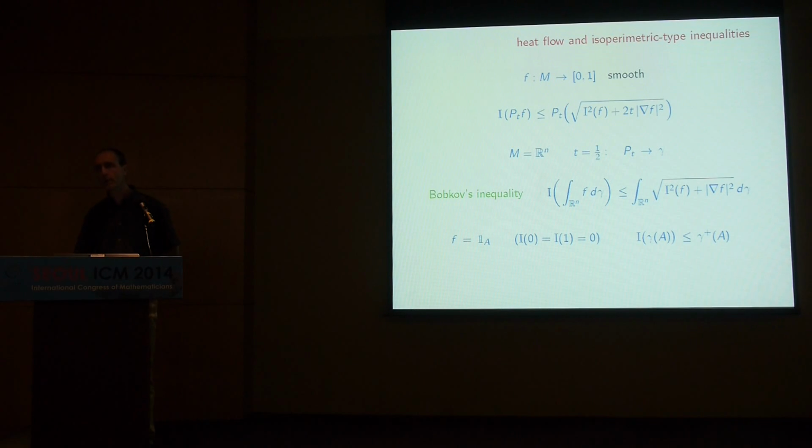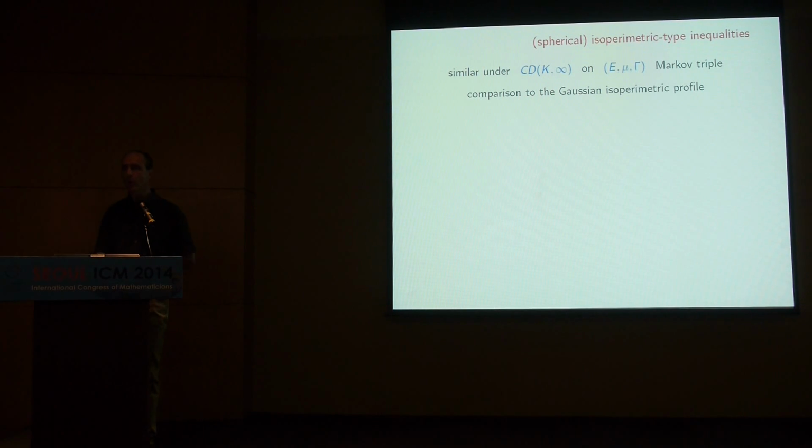So this recovers the classical Gaussian inequality, but actually tells you much more in terms of a comparison with the Gaussian isoperimetric profile. And this works for any lower bound on the curvature. But there is a challenging open question here, which is the fact that we are not able to take any form of dimension in this inequality.